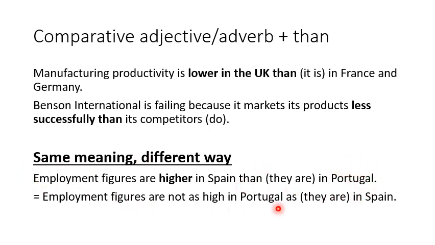If we get the meaning of this sentence and say it in a different way, using "as," for example, employment figures are not as high in Portugal as in Spain. So the two sentences use different tools of comparing, but they have the same meaning.